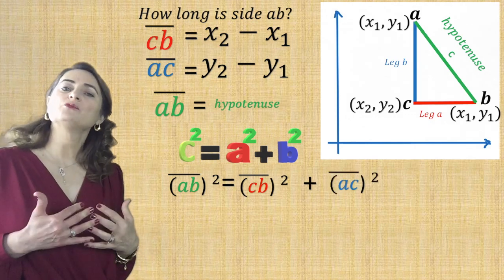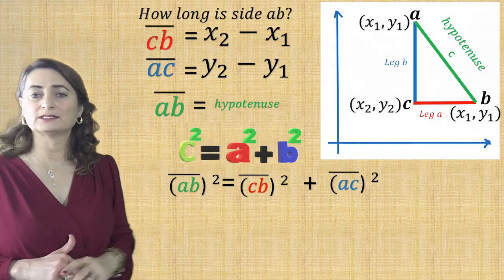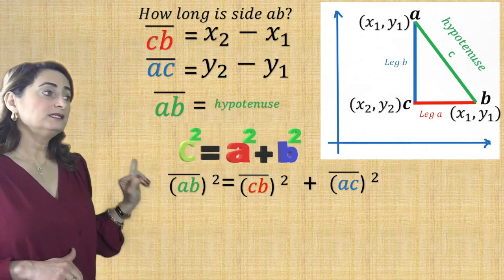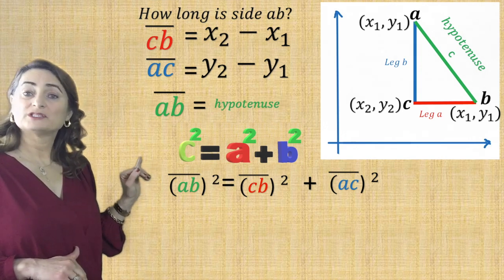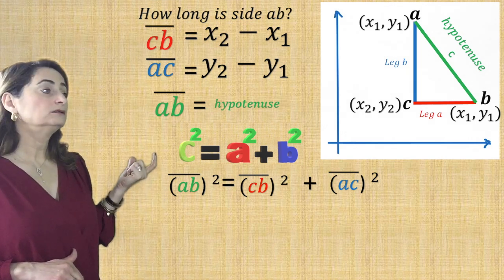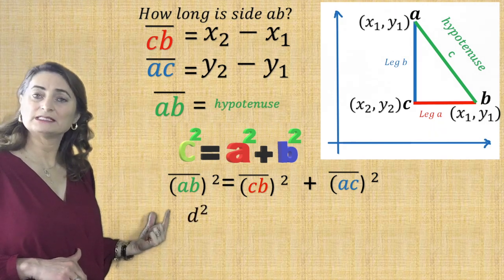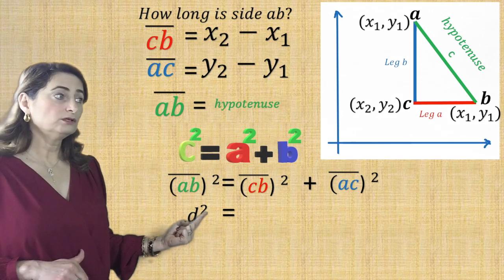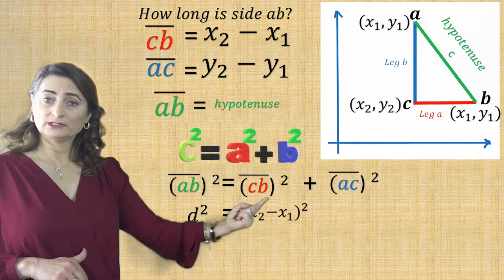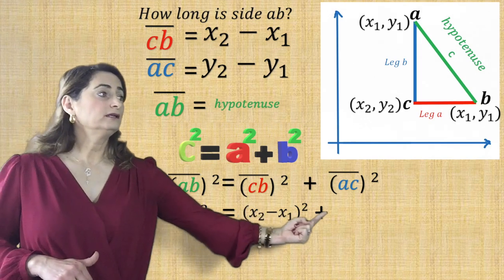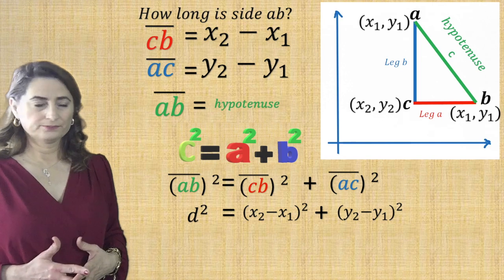Now let's replace what we know. We don't know the numbers, but we do know the difference between the x's and the y's. But this time, because I'm trying to find the distance between A and B, which is the hypotenuse, I will replace that with the letter D for distance, but still I need to square it, equals CB is the difference in the x's, needs to be squared, and the length of AC is the difference in the y's, and I still need to square it.